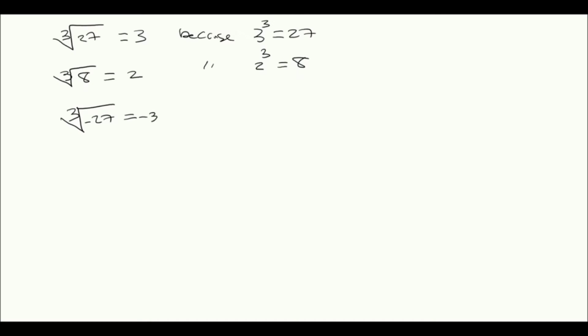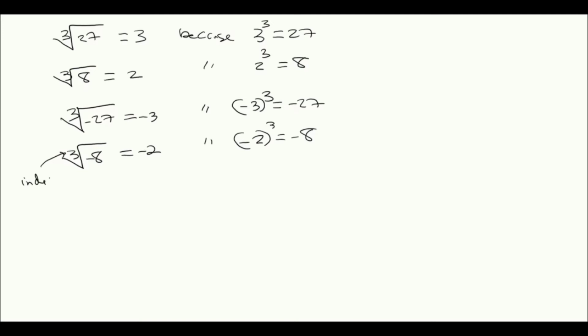That would be negative 3. So why is the cube root of negative 27 negative 3? Because if I take negative 3 and I cube it, I get negative 27. In the same way, the cube root of negative 8 is going to be negative 2. Why? Because if I take negative 2 and I cube it, I get negative 8. Here, the index has changed to 3.